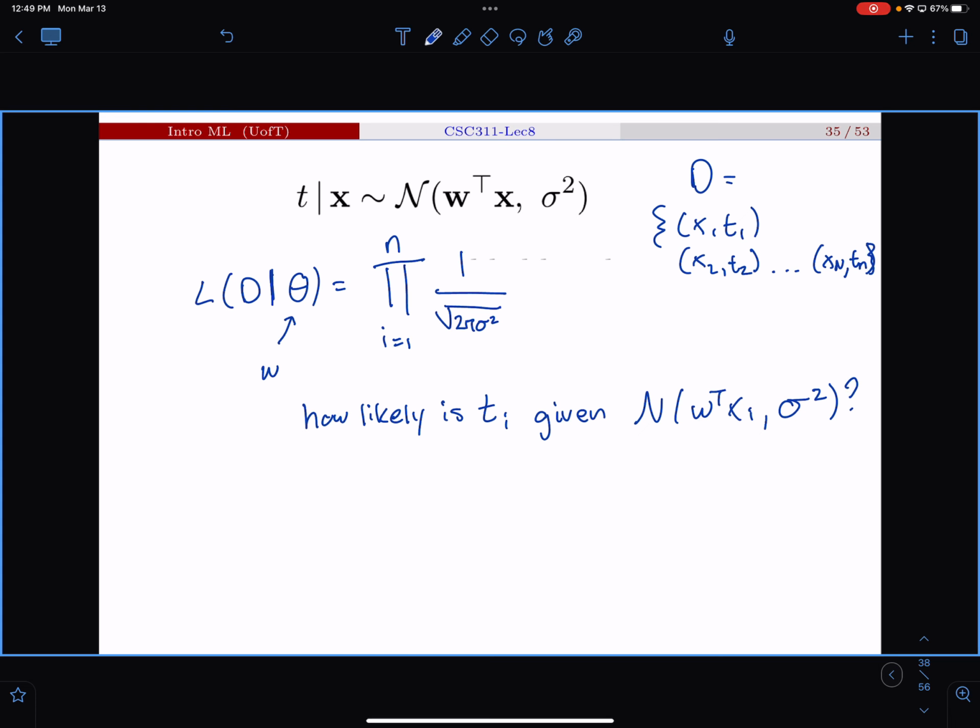One assumption we're making here is that the variance is the same for every single data point. So if you were to write this out, we have t sub i minus W transpose x sub i, squared, over 2 sigma squared.